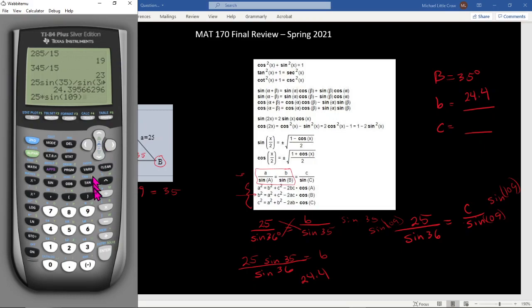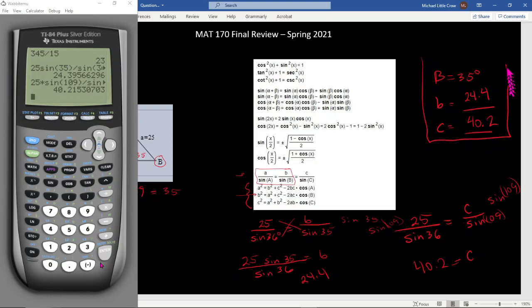Careful, you have to have the parentheses and then divide by sine of 36, and close the parentheses. And we get 40.21. So c equals 40.2. Round it to the nearest tenth. And those check out. Okay, solving triangles.